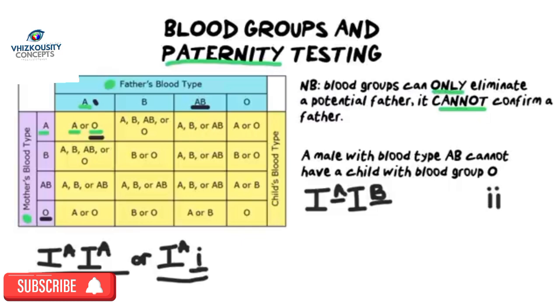Even if the mother was something like this, a capital I with an A and then a lowercase i, she only has one lowercase i to offer. So even if she tried to form this child, it wouldn't be possible because she only has one. The father, on the other hand, doesn't have a lowercase i to offer, and so this couldn't possibly be his child.